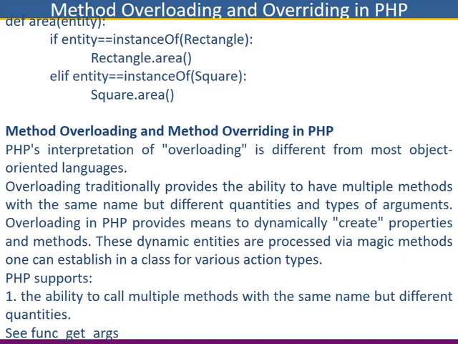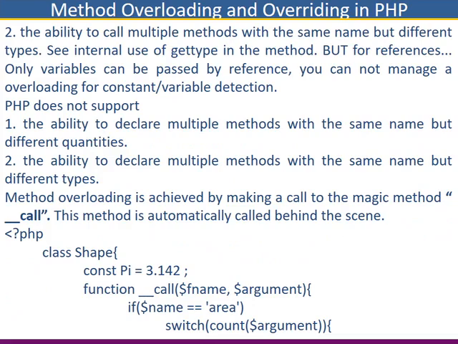PHP supports the ability to call multiple methods with the same name for different quantity. We can see the function func_get_args. Another thing PHP supports is the ability to call multiple methods with the same name for different types.